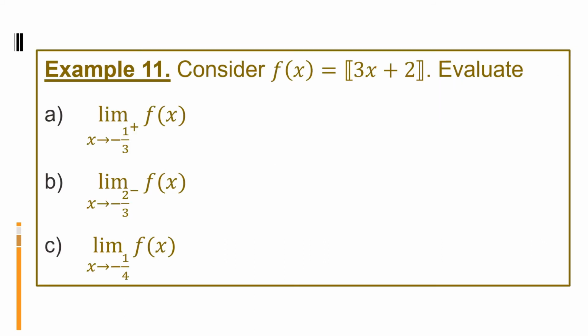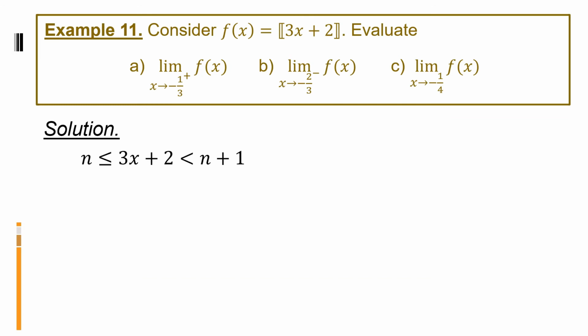Now let's consider f of x to be equal to the greatest integer 3x plus 2 and evaluate the limit of that function whenever x approaches negative 1/3 from the right, negative 2/3 from the left, and negative 1/4. So since yung greatest integer natin is 3x plus 2, then by definition, that is greater than or equal to n but less than n plus 1.